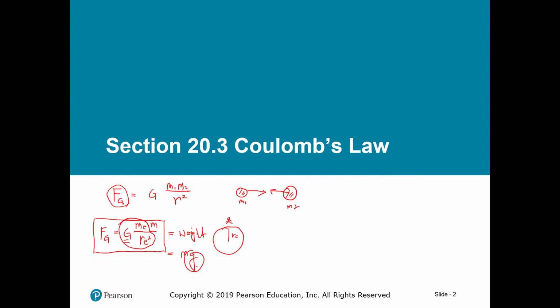So this is g of the Earth. But you can also find the g of the moon. How? Simply large G times the mass of the moon and then divided by the radius of the moon squared. So basically you can find any planet's gravity using this formula. Again, your weight is just one example of this gravitational force.